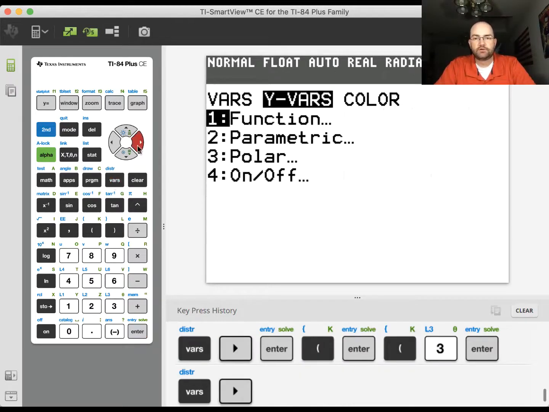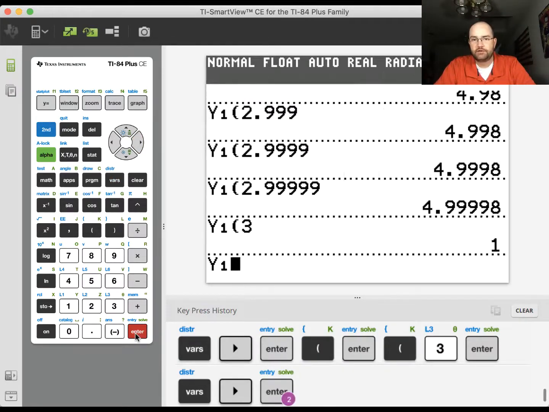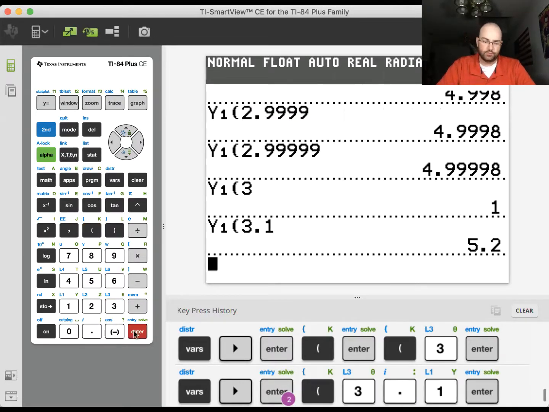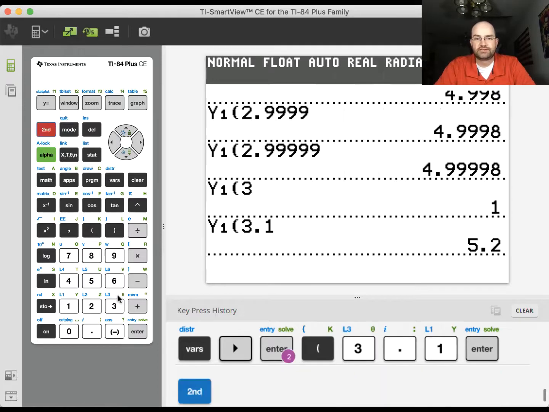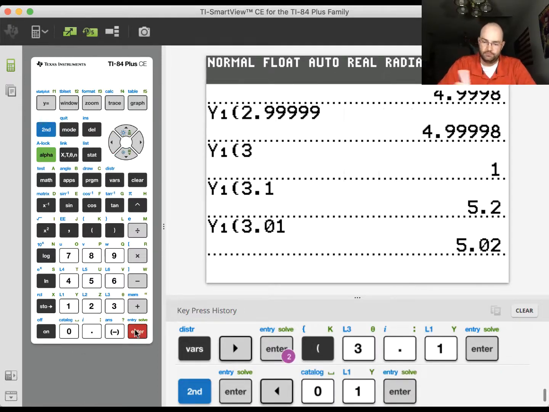Alrighty, so go vars, right 1, enter, enter, open a new parentheses, and let's do the other side, starting out with 3.1. So 3.1 gives us 5.2. Excellent. Do this again, making it 3.01, enter. We have 5.02.